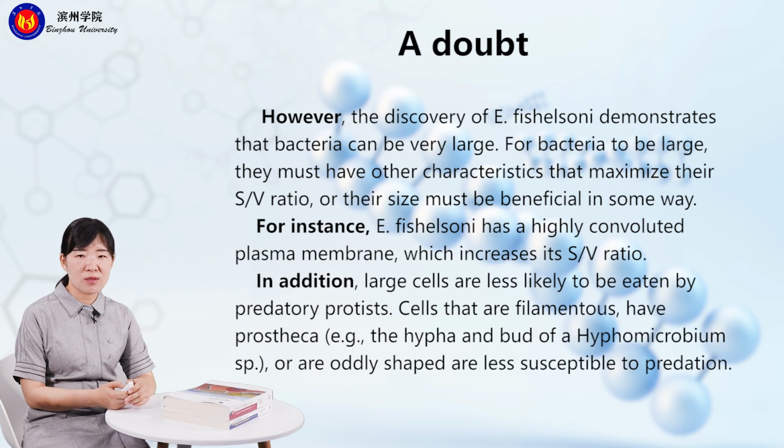In addition, large cells are less likely to be eaten by predatory protists. Cells that are filamentous, have projections, or are oddly shaped are less susceptible to predation.